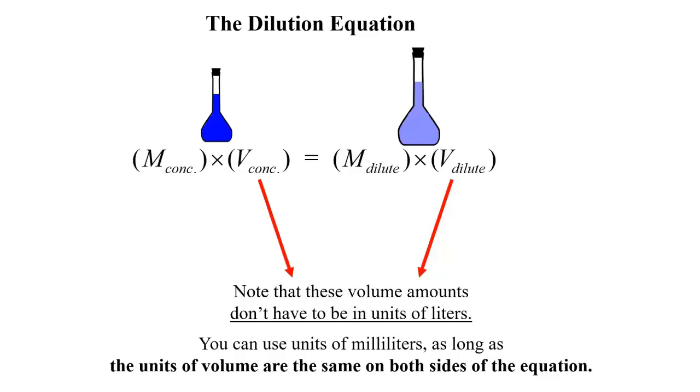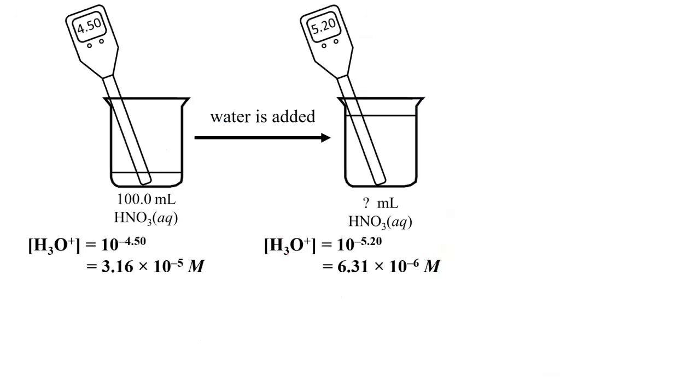And you can see on this slide that the volume amounts do not have to be in units of liters. They could also be in milliliters as long as the units of volume are the same on both sides of the equation. So the only thing that we don't know is the volume of the diluted solution.